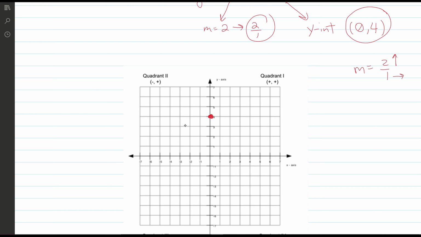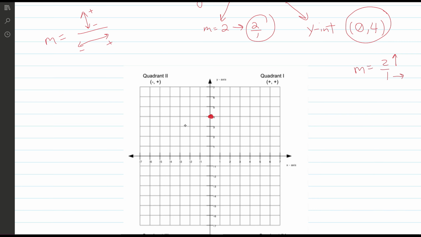If this numerator was a negative 2, I would go down 2. If this denominator was a negative 1, I would go to the left one. Because remember, as far as slope, your rise over your run means up or down depending on the sign of your number. So positive, negative, right? And then the run is left or right depending on the sign of the number.